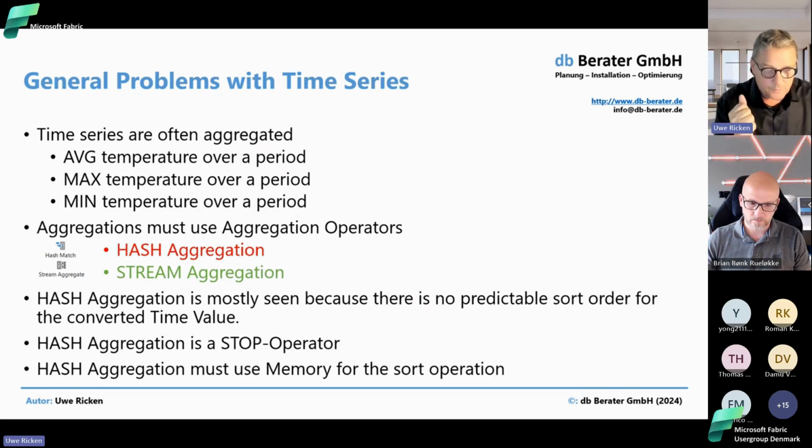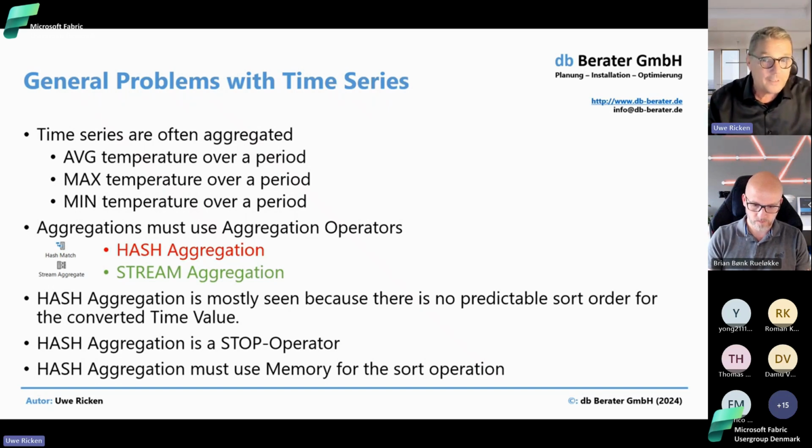And here comes the biggest problem. Hash aggregation is a so-called stop operator. A stop operator means, very simple, very primitive, that the operator collects the data coming in from the previous operator, and it does not forward the data before all the data have been processed. A typical stop operator that you will see in every single query is the sort operator.